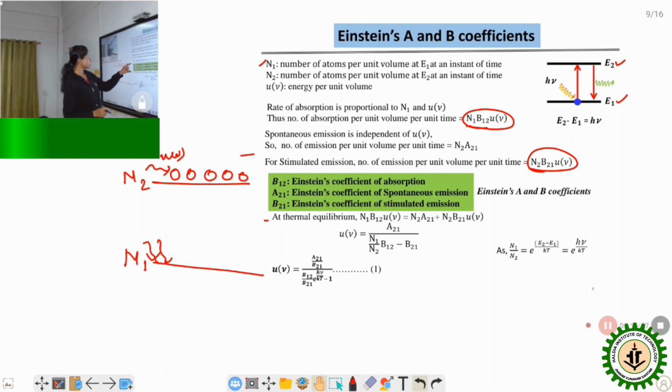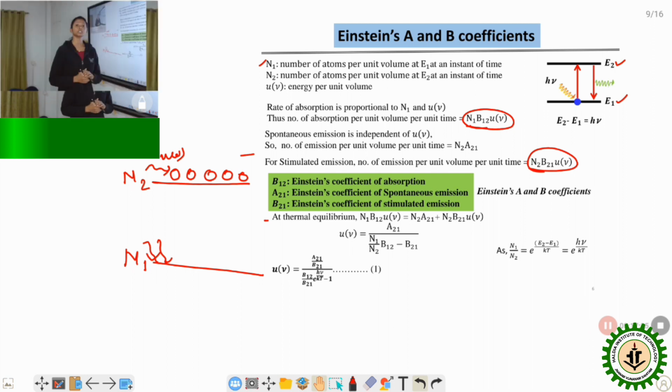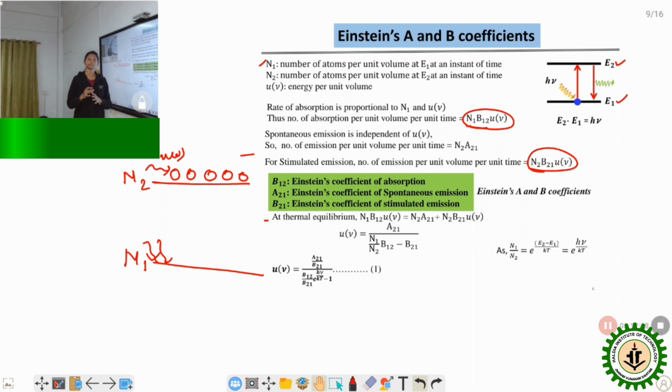These proportionality constants are called the Einstein A and B coefficients. But our aim is to find out which probability is higher, stimulated or spontaneous, in the active medium. For that purpose, at thermal equilibrium, the rate of absorption and the rate of emission must be equal.